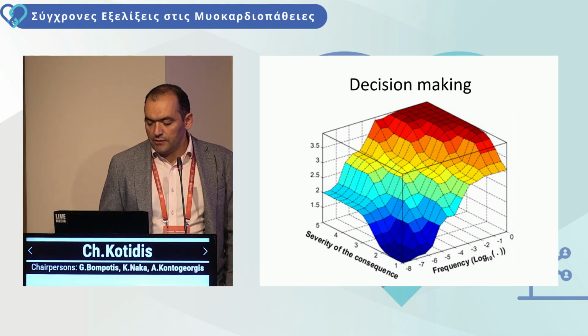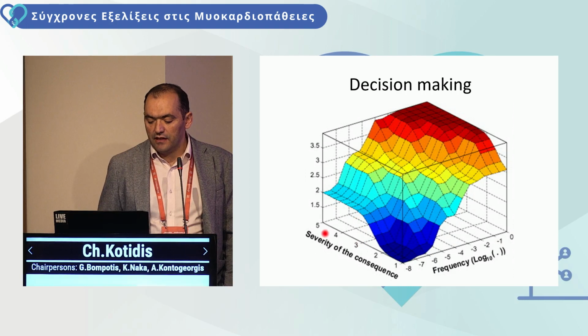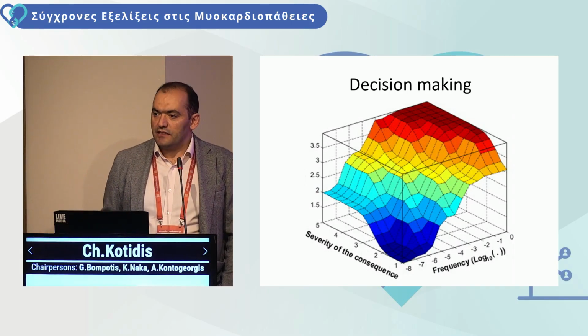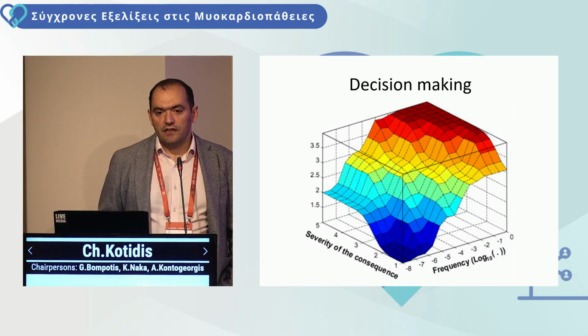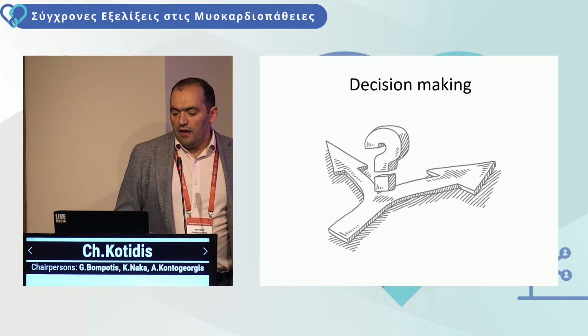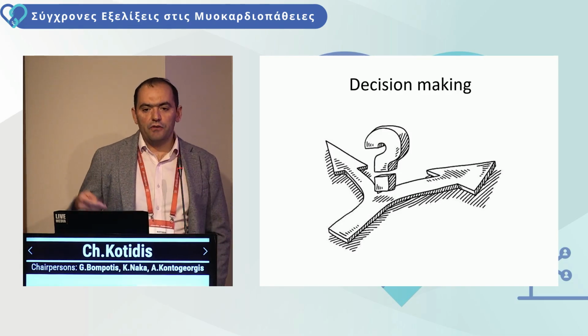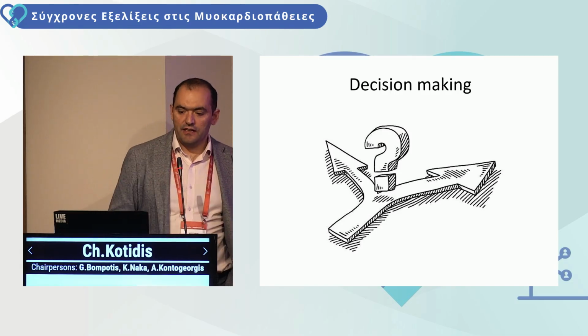So this is the risk prediction when you have three parameters, X, Y, and Z. When you have 4, 5, 6, our brain cannot comprehend this risk, and we need finally to devise the risk scores. However, the decision for an ICD implantation is binary. You put the ICD or you don't put the ICD.